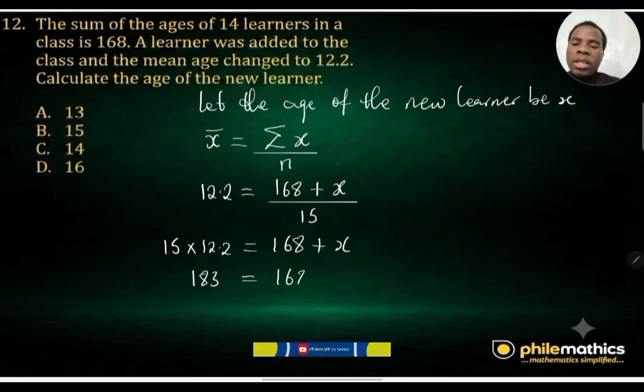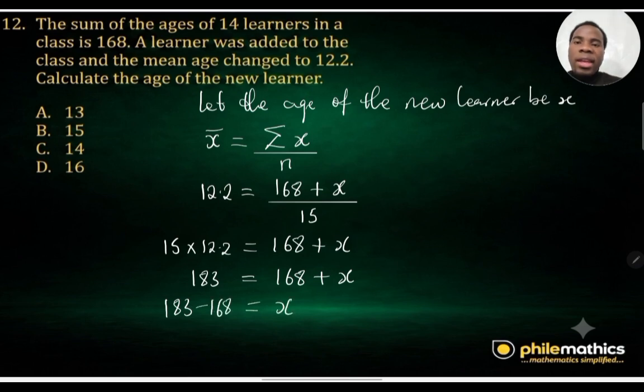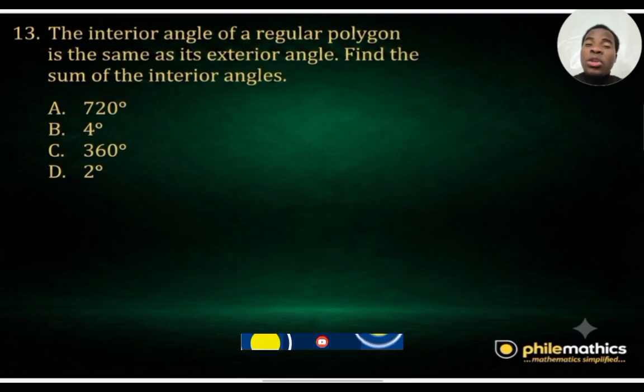This is 168 plus X. We simply subtract 168 from both sides. 183 minus 168 will give us the value of X we are looking for, which is the age of the new learner. If we do this on our calculator, the age of the new learner is 15, which is B.